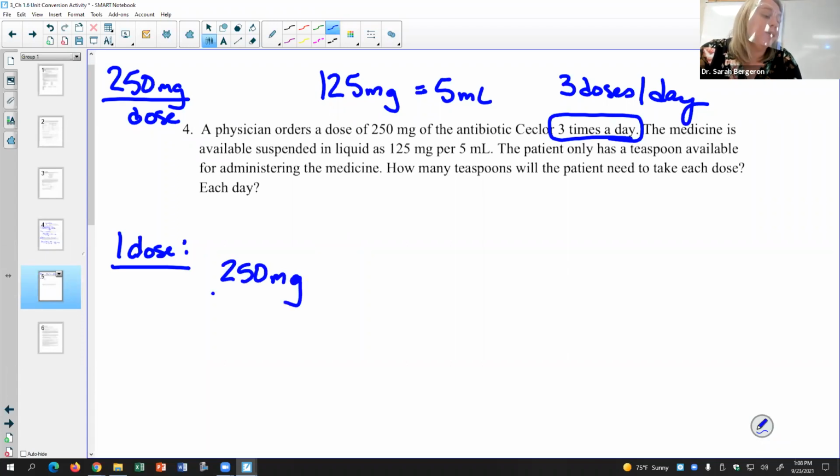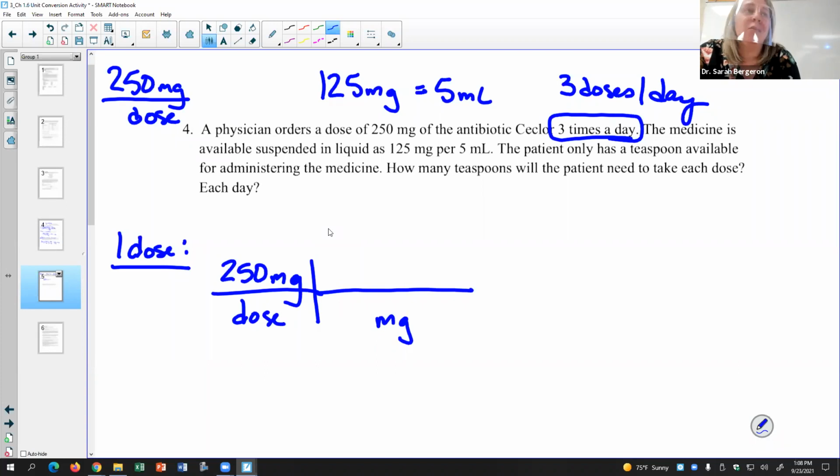250 milligrams per dose. So in this problem, I'm never going to get rid of dose, right? I'm going to want that to stay. So what do I have to get rid of? Milligrams. Do I have something up at the top that will allow me to do that? Yeah. So in 5 milliliters, I have 125 milligrams. Now I'm in milliliters.